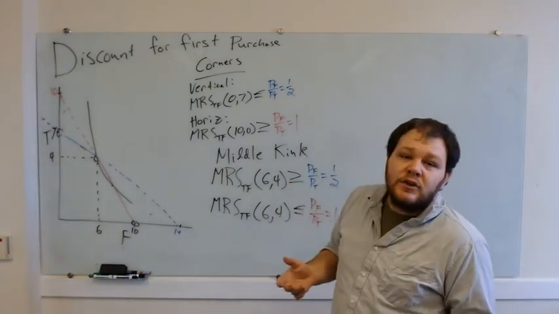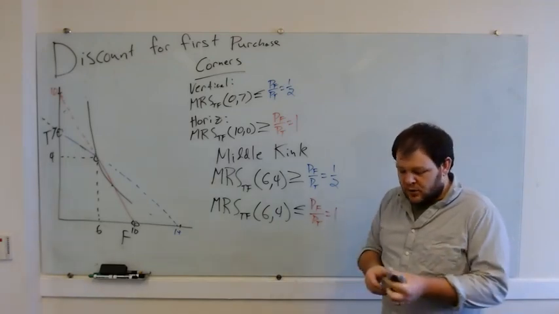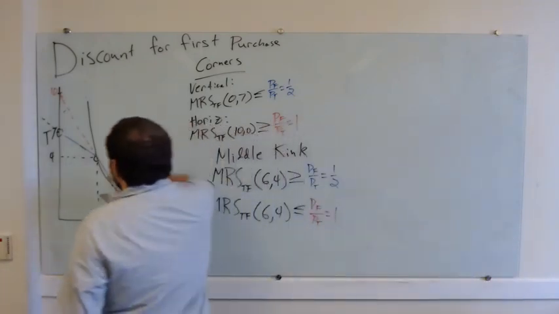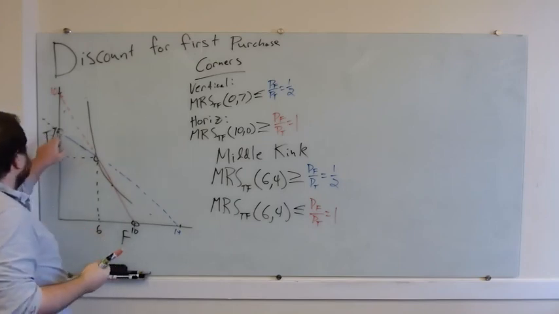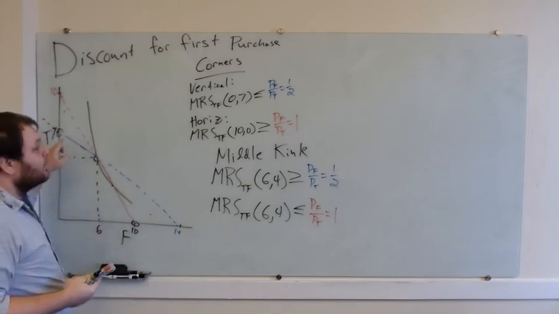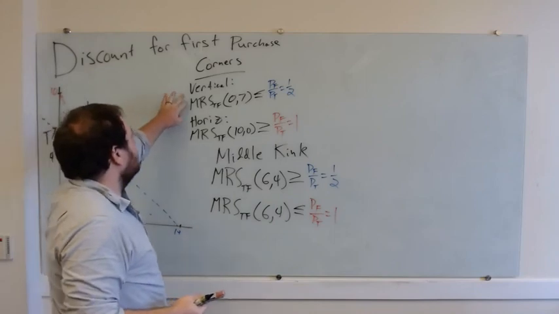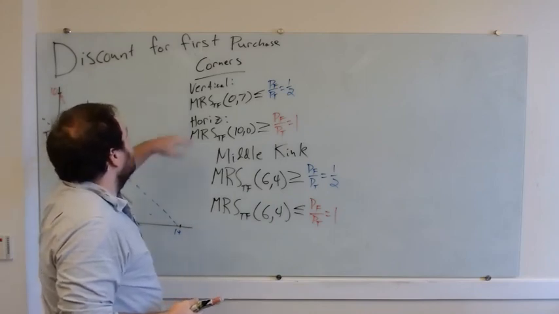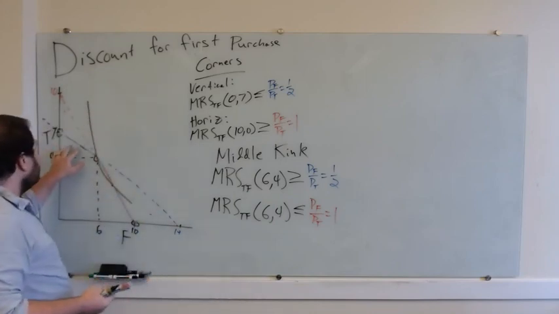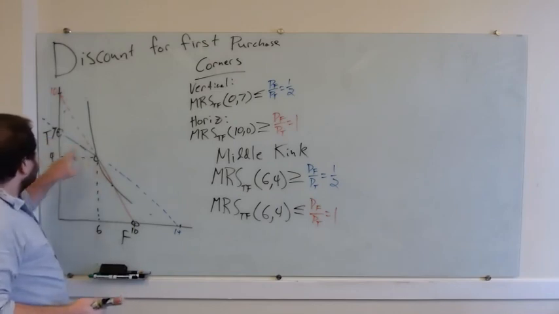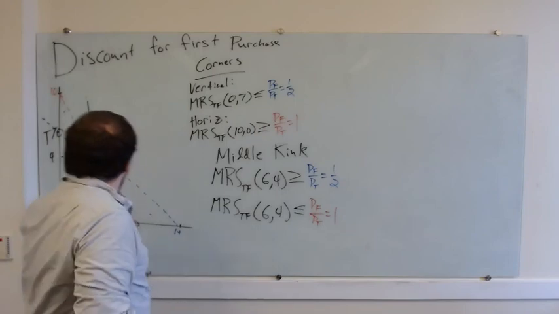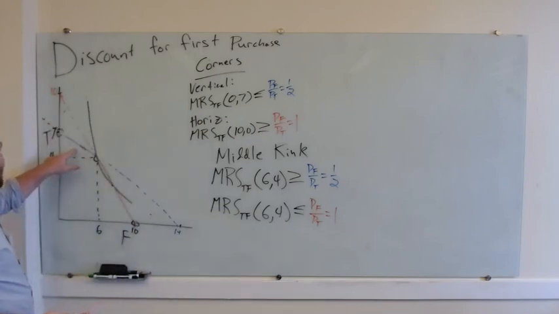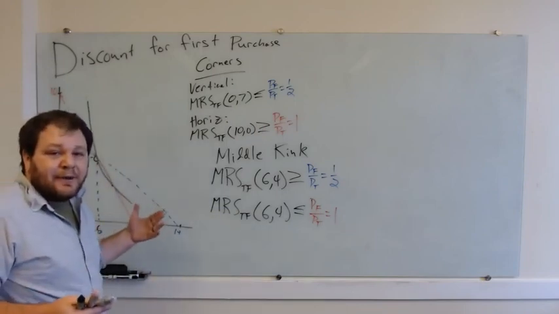So when we put all of this together, what we're going to say is, if our MRS is so flat that even when we've got no froyo, we still don't want to give up any topping for froyo, we're going to have a vertical solution. If it's a little bit less flat than that, we're going to end up finding an interior solution somewhere where our MRS is equal to 1/2 when we're purchasing some amount of froyo and topping where we're no longer getting the discount.